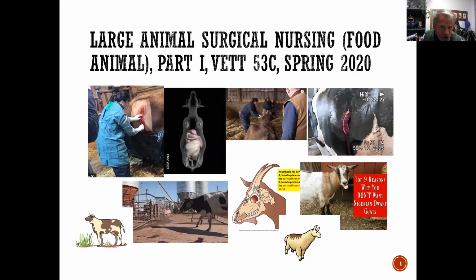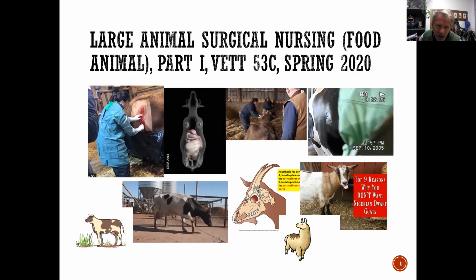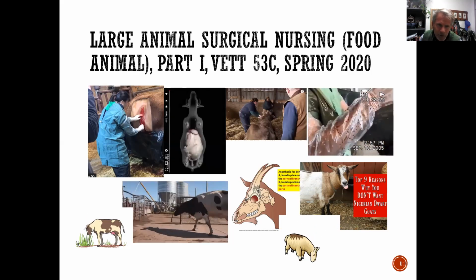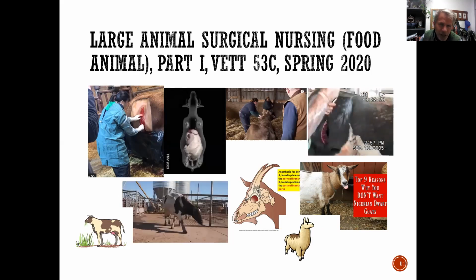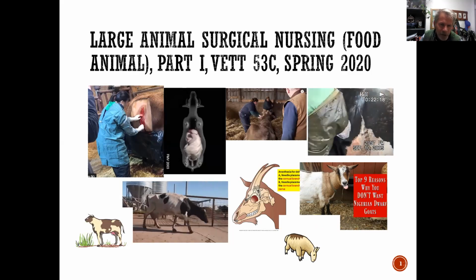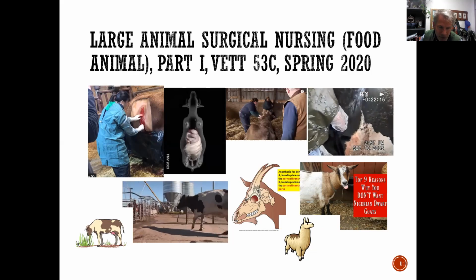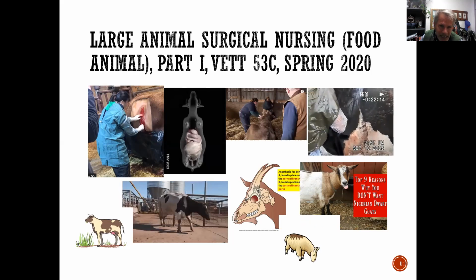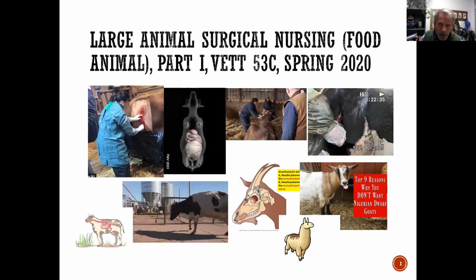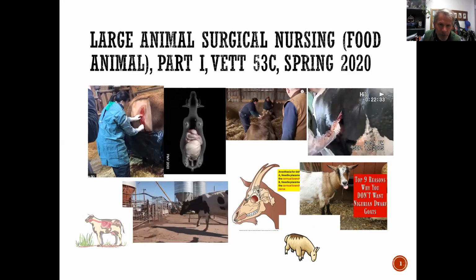Some of the agents have a different effect on food animals. Also, we have to be aware of withdrawal times for meat and milk as well. So we'll talk about that in a moment.